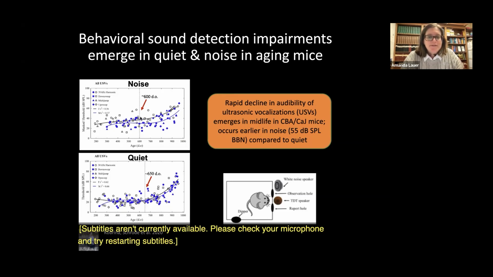And you can see what happens is in about midlife here, 600 days is about midlife for a CBA mouse, they rapidly start to lose their sensitivity for these vocalizations. And that starts to happen a bit earlier in noise than it does in quiet.